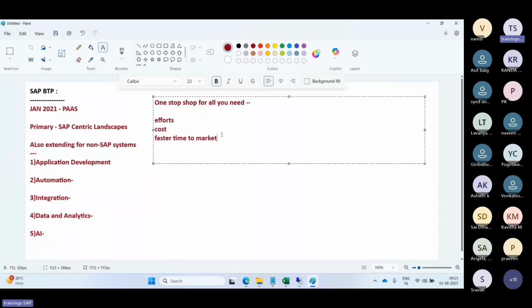These are the main things a customer always looks for: low cost, minimum effort, and faster time to market here. So they don't prefer to spend more money and time on things like landscape setups, installations, configuration, maintenance activities, all those things. It is cost intensive.